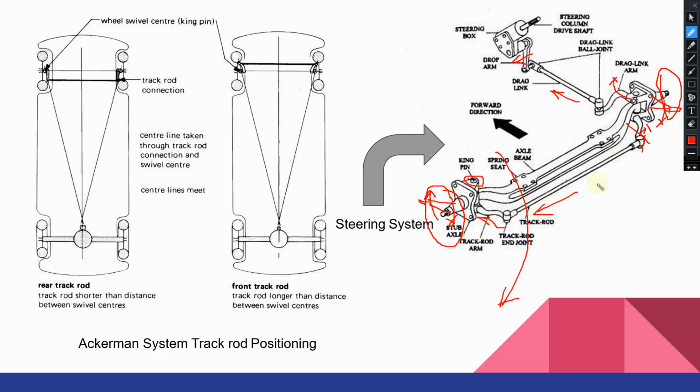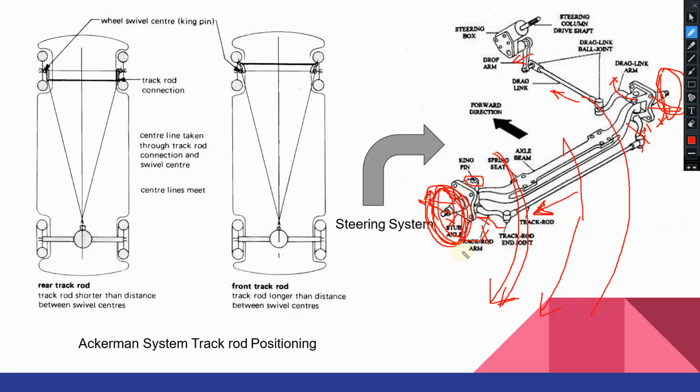But since the movement of the track rod is also there, as we know, the angle through which the wheels turn will be slightly different. So if the vehicle is turning in this direction, suppose the road is like this and the vehicle has to move in this curved path, then this wheel has to be turned at a larger angle, and this wheel has to be turned at a smaller angle, as we saw.